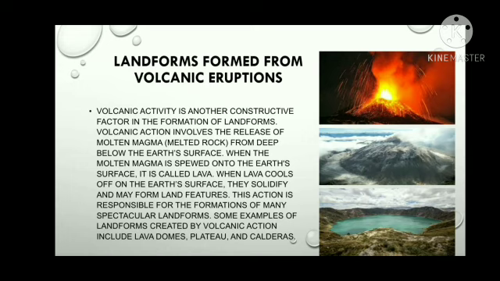When lava cools off on the Earth's surface, it solidifies and may form land features. This action is responsible for the formation of many spectacular landforms. Some examples of landforms created by volcanic action include lava domes, plateaus, and calderas.